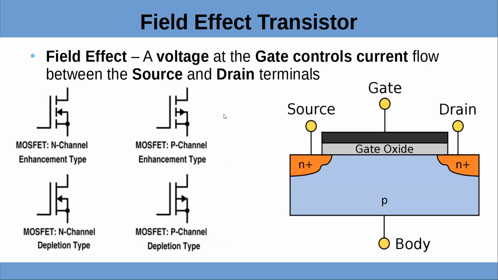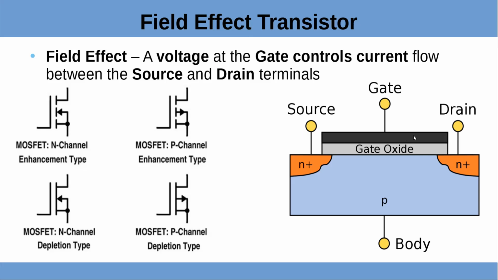Okay, so the other type is called a MOSFET, or metal oxide semiconductor. I actually forgot what the S stands for. Anyway, transistor. In a lot of cases, they say this is a polycrystalline material.